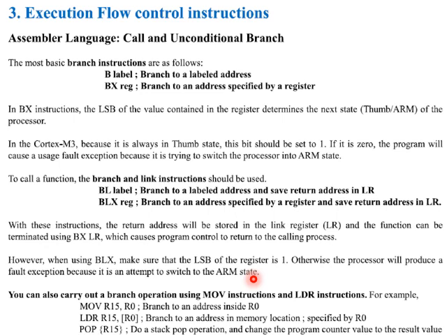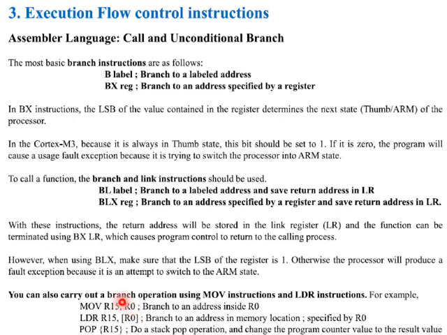There are other ways also to carry out branch instructions without using BL, BLX or B. That is, you can use the move and load instructions. Suppose you are checking for some value; that value can be loaded into one of the registers.